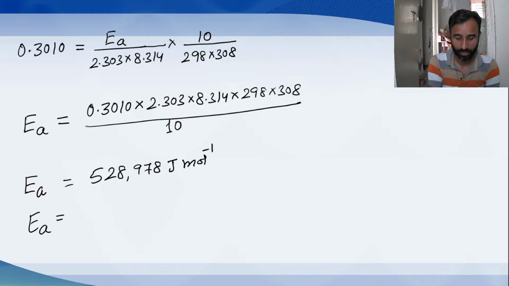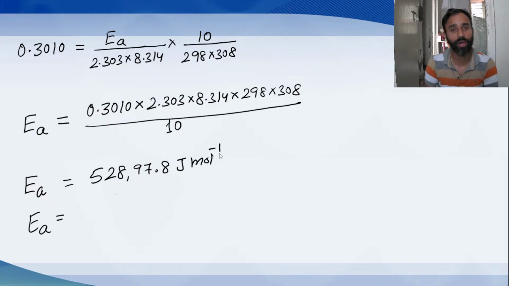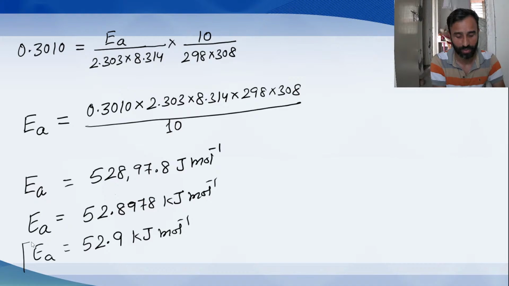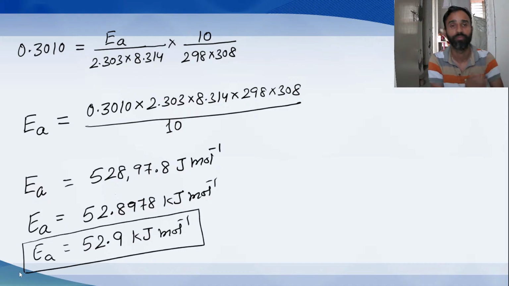So activation energy is roughly 52 kilojoule per mole. Yes, beta. Any doubt up to this?